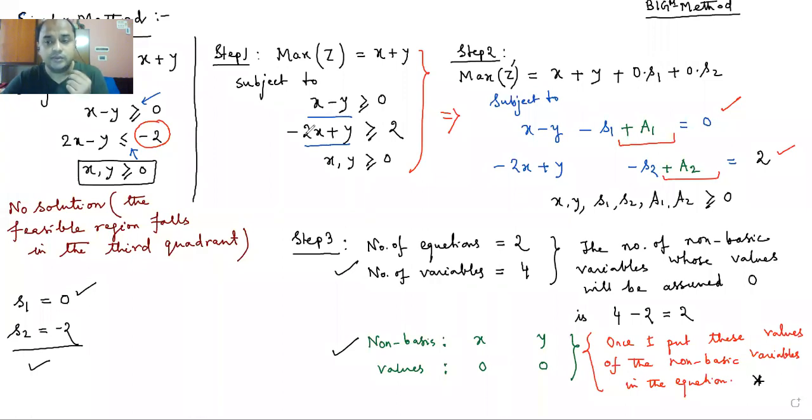So I have told you the reason first: what fallacy appears in this type of case if we do not consider the artificial variable. This is the fallacy, and to remove it, we introduce the artificial variable into the system. Now the number of variables has become 6, and the number of equations remains 2.